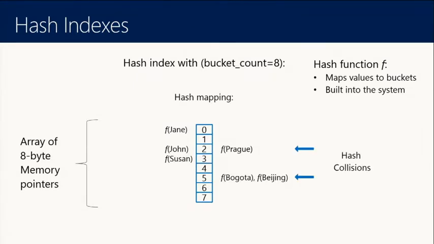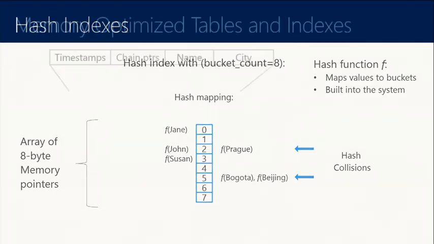When this happens, we talk about a hash collision, which means that rows with these different index keys will need to be mapped to the same bucket in the hash index.